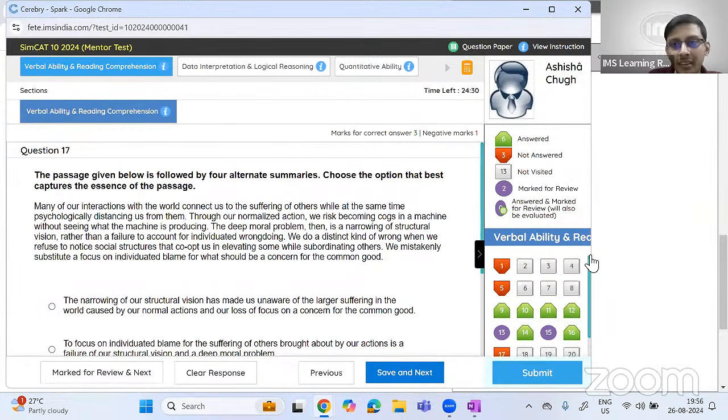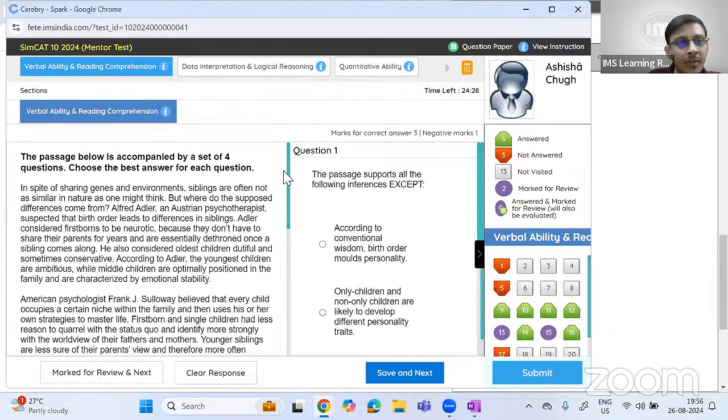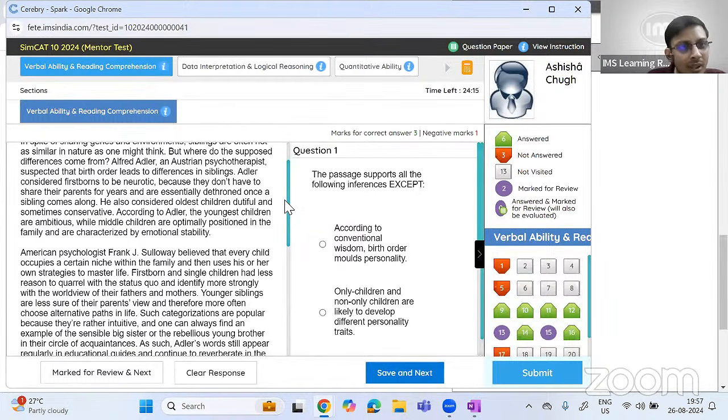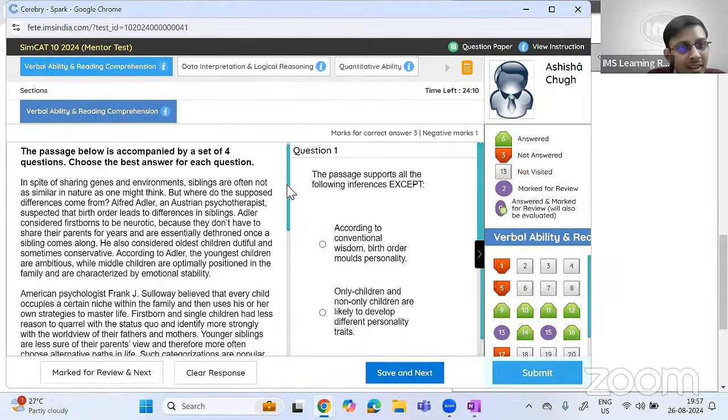Now, if I just come back to the first passage: in spite of sharing genes and environment, siblings are often not as similar in nature as one might think. Where do the supposed differences come from? Therapists suspected birth order leads to differences. Okay, birth order instead of just genes.